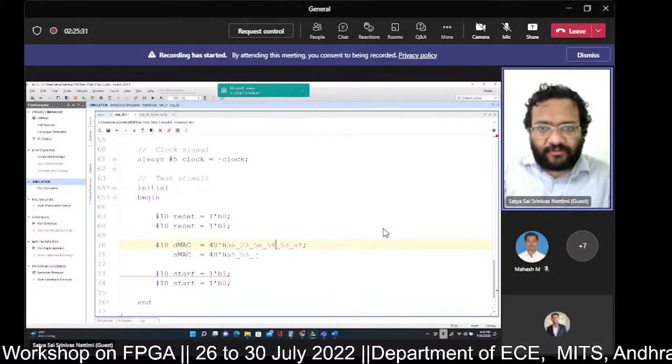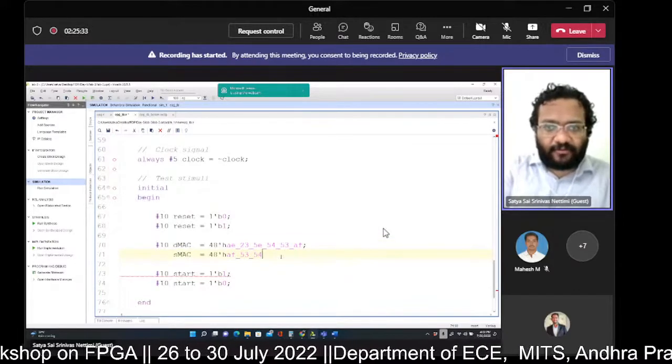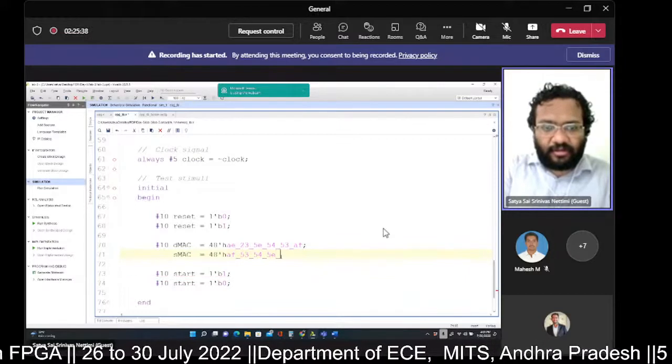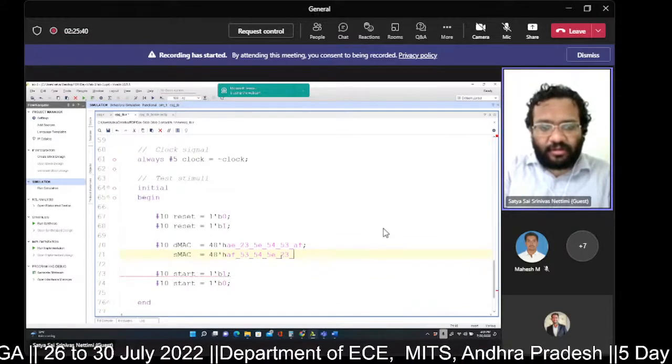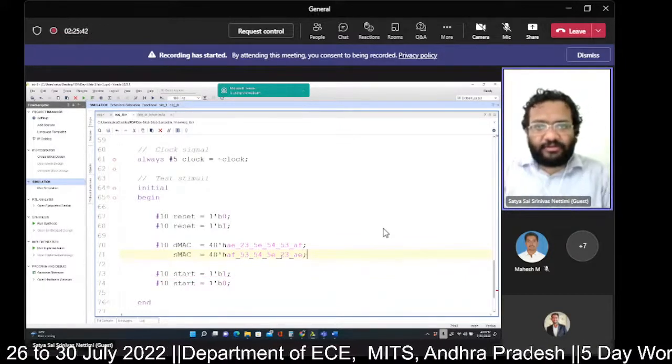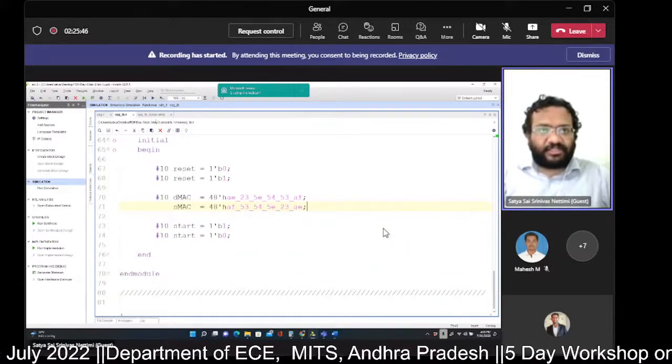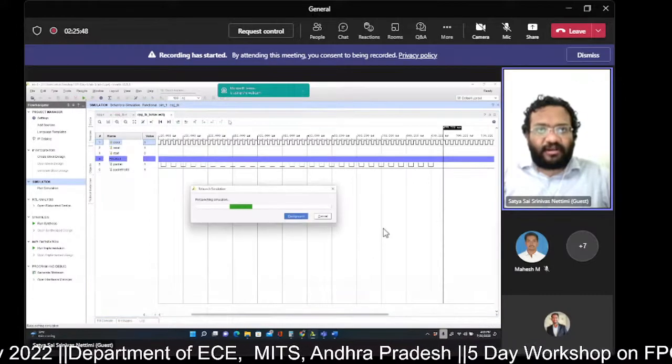Assume these are the default MAC addresses for destination and source. Now I will run the simulation.